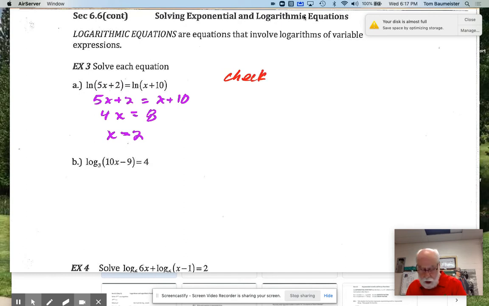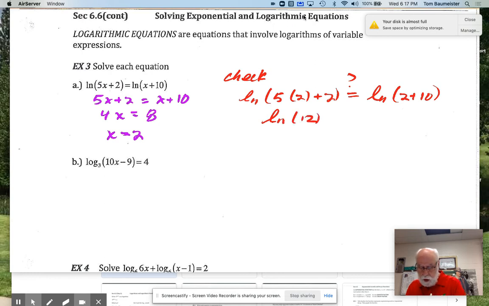So check: I'll have the natural log of 5 times 2 plus 2. Does that equal the natural log of 2 plus 10? Well, 5 times 2 is 10, plus 2 is 12. So the natural log of 12 on that side, the natural log of 12 on this side, it checks.